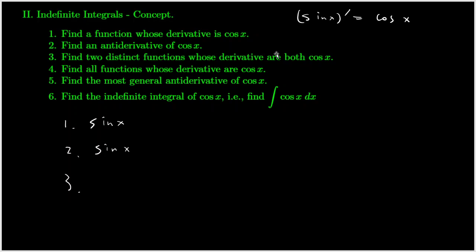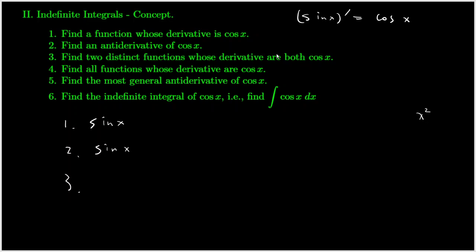Now let's try another one. Anybody want to tell me an antiderivative of x squared? Later on, we are going to have a formula, also called the power rule. But now I'm looking for an antiderivative of x squared.